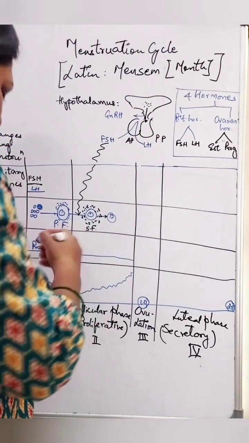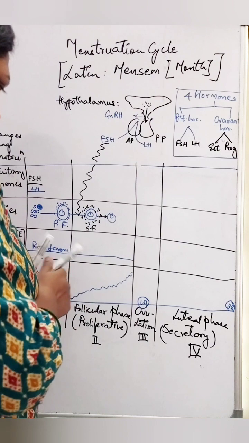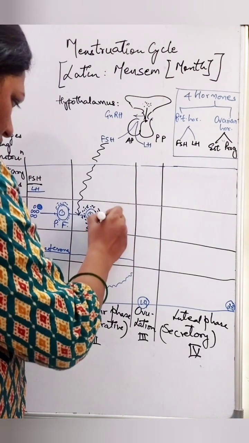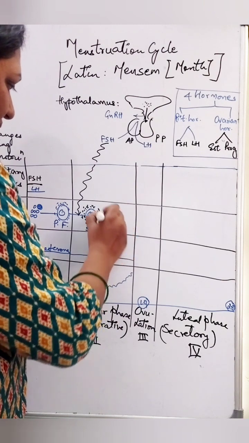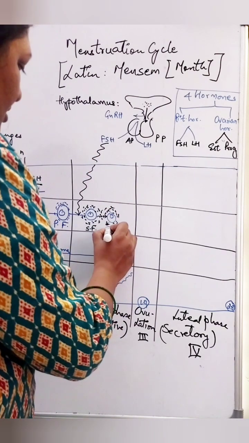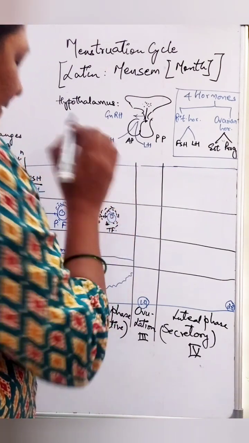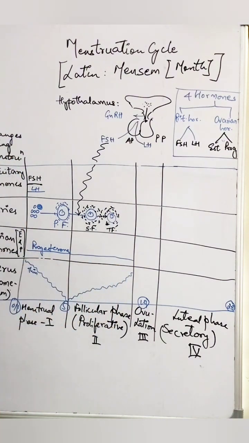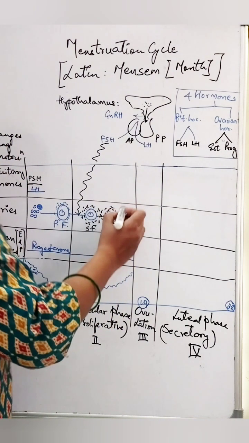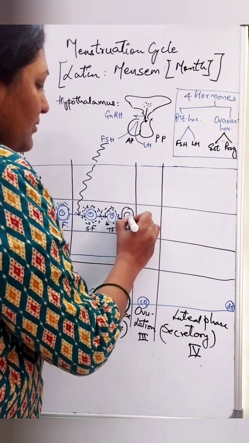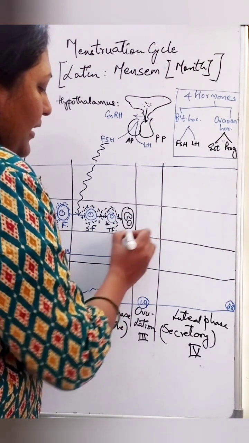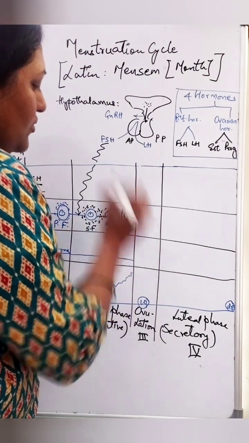Now this tertiary follicle, the magic game is now. This is the zona pellucida, theca interna and theca externa. This is a tertiary follicle. Now this follicle, maybe it might even get converted into a big Graafian follicle also.